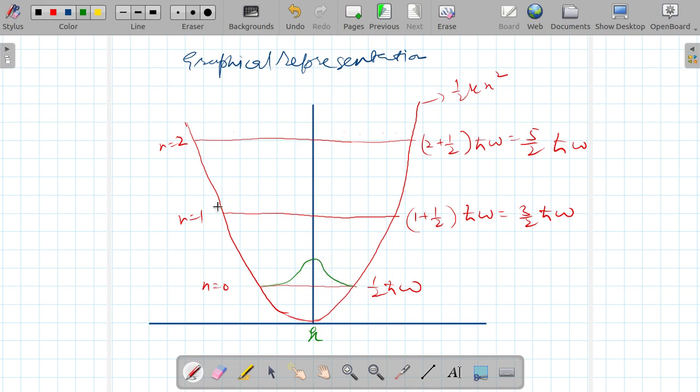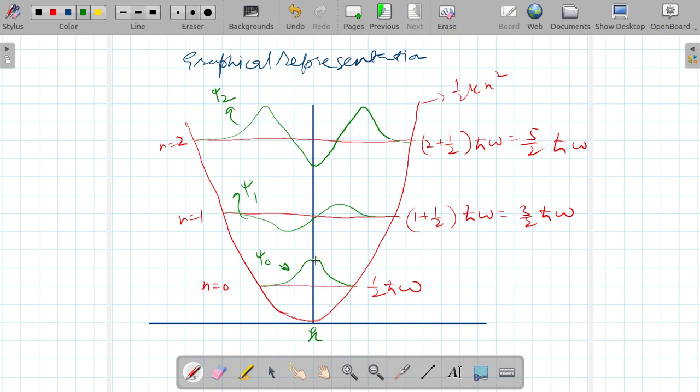This is the plot of psi naught, and the plot of another wave function is like this, psi 1. This is the plot of psi 1, and this is the plot of psi 2.